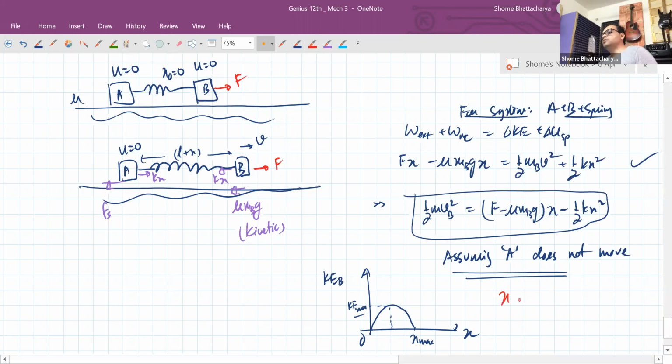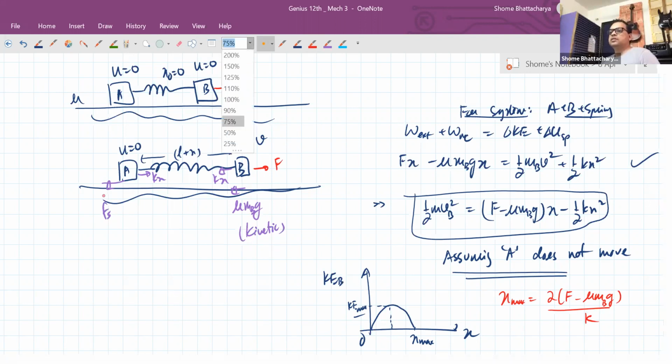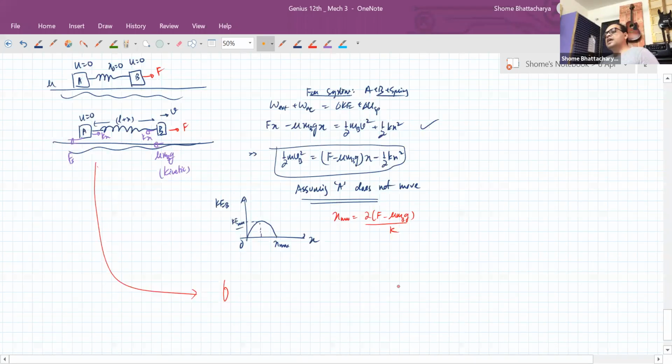So you can see that x maximum will be equal to 2 times (F minus mu mg for B) divided by K. That's the second root of this. So if A does not move, this is the maximum extension. Now, assuming A is not moved, for A to be at rest, the static friction on A is equal to Kx.